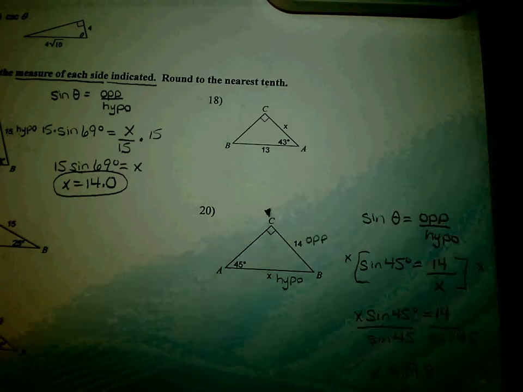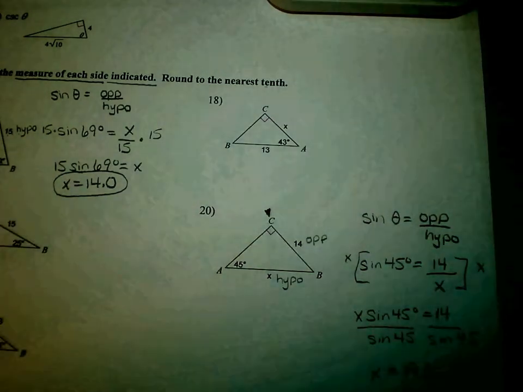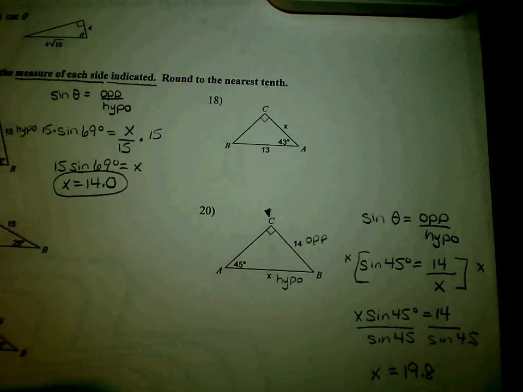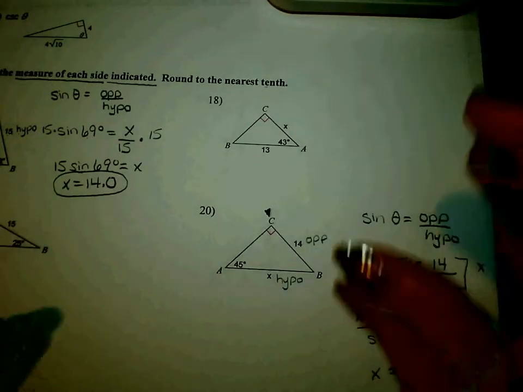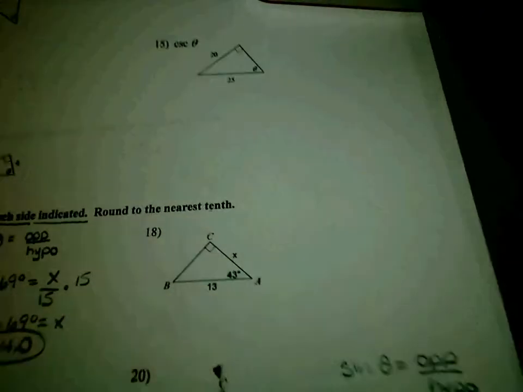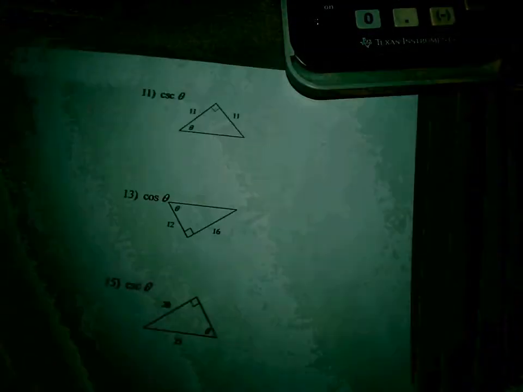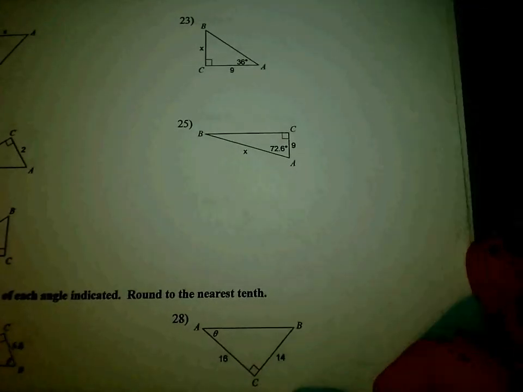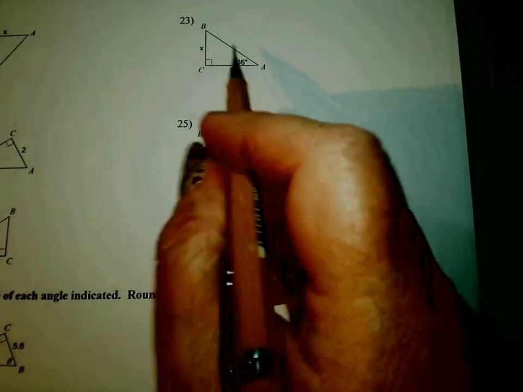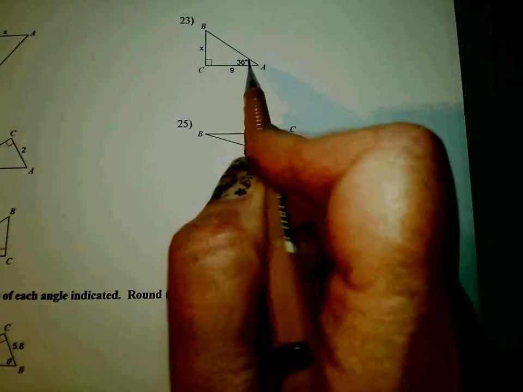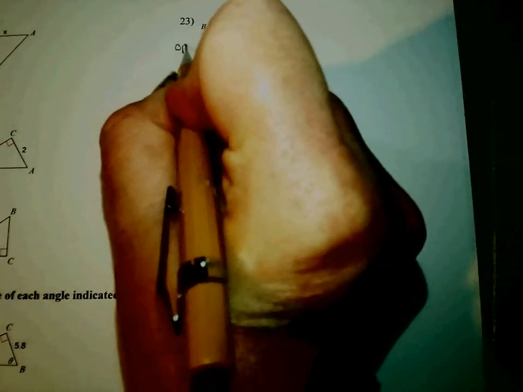Okay. And I did one more with them in class today. I did problem number 23. So I look at my problem, there's my angle, I start labeling in relation to it.